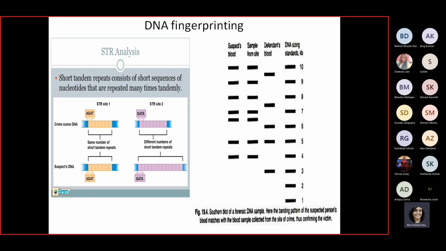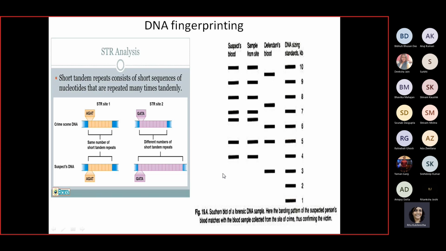It is due to the fact that in the genome of all individuals, there are various repeat regions. So there are various types of repeat regions. There are repeats which are present in tandem. Tandem means one after another, one after another.